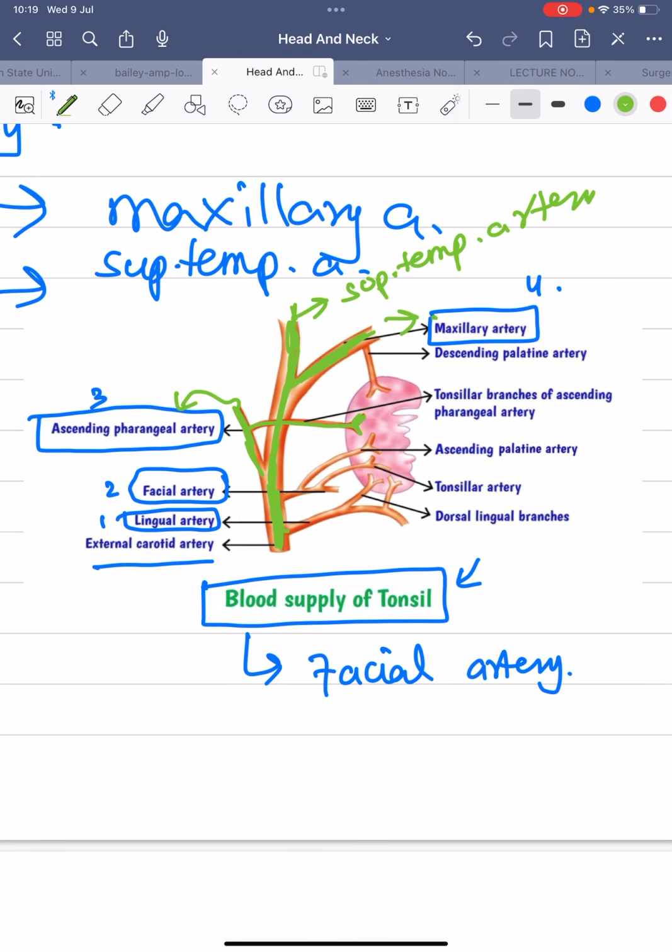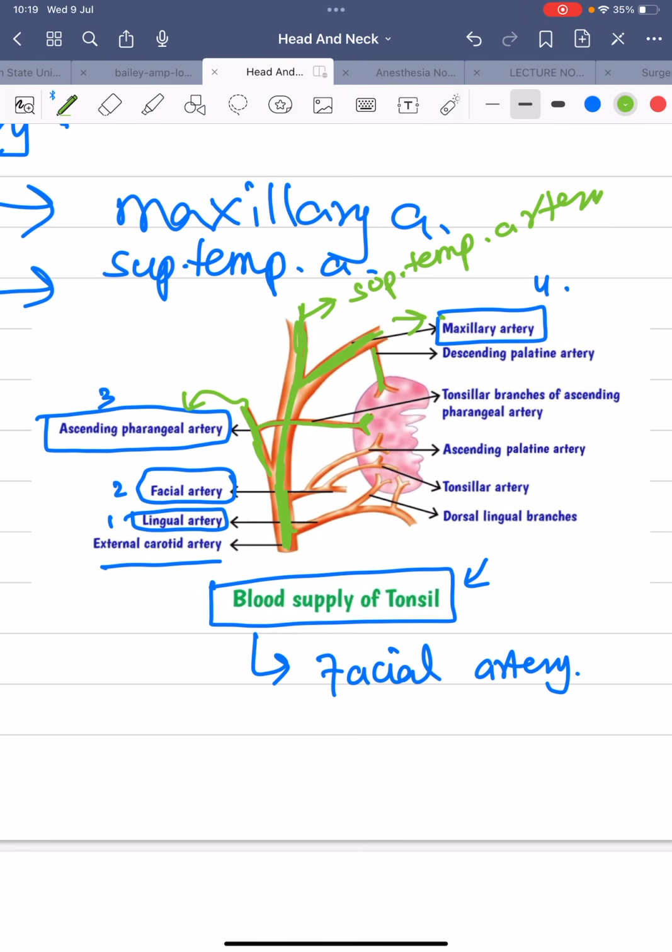The maxillary artery is giving the branch that is the descending palatine artery, which is also giving blood supply to the tonsils and to the palate. Okay. Facial artery, this is your facial artery. It is giving direct branches, the tonsillar artery, to the tonsil, and one more artery which is a branch of the facial artery, the ascending palatine artery.